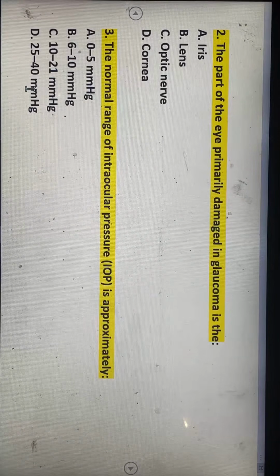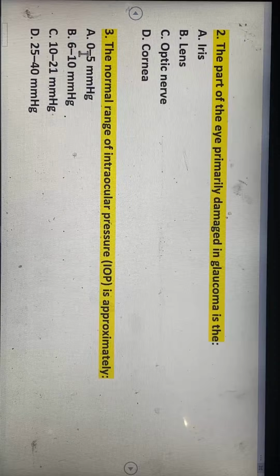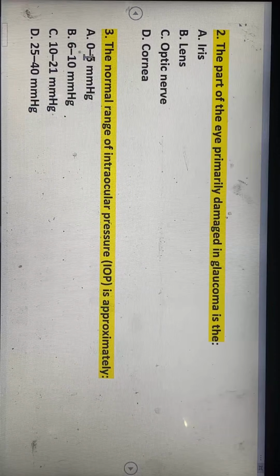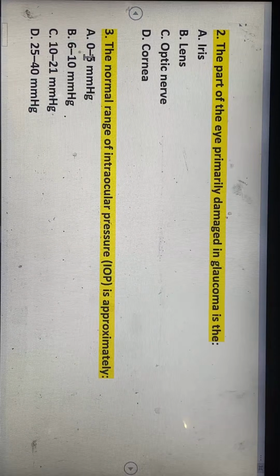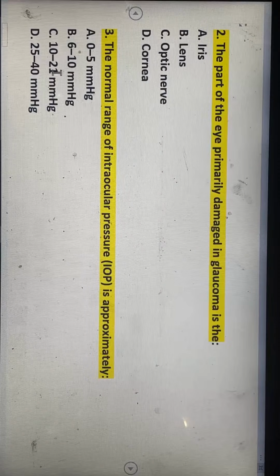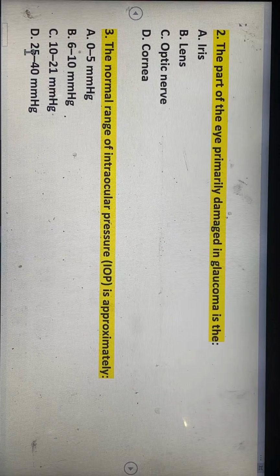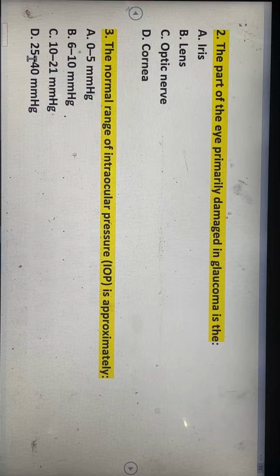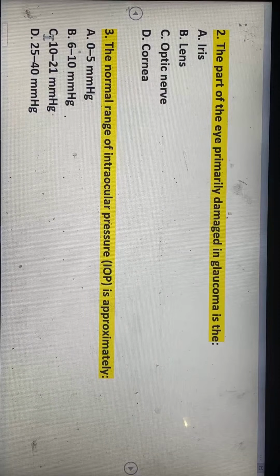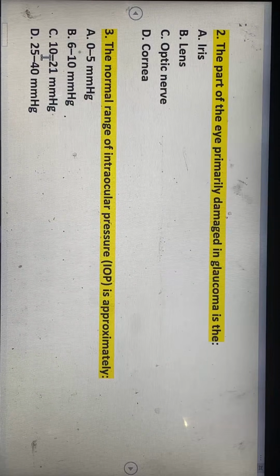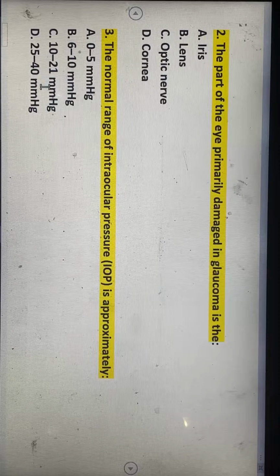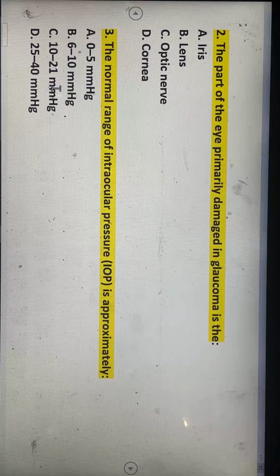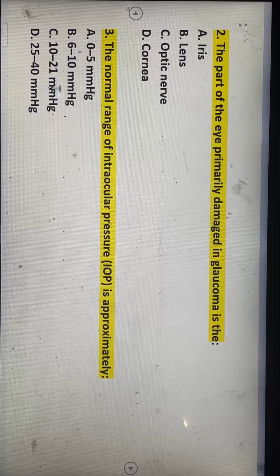Okay. And if you choose A, you are wrong. If you choose B, you are wrong. If you choose 25 to 40, you are wrong. So the correct answer is what? 10 to 21 millimeters of mercury. That is the normal range of the pressure of the eye.